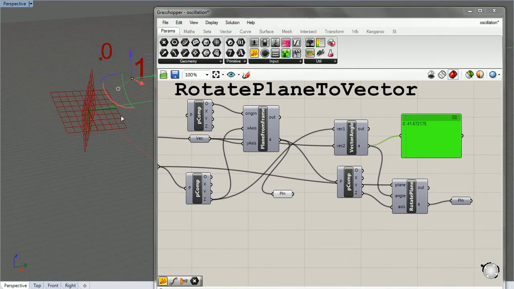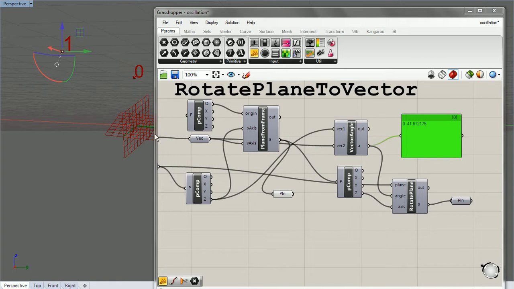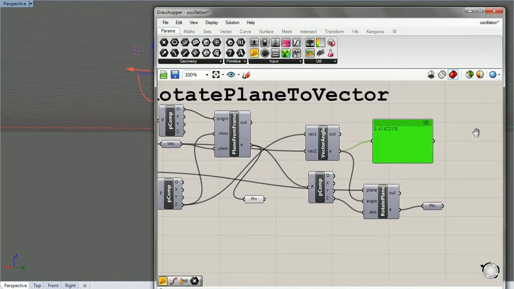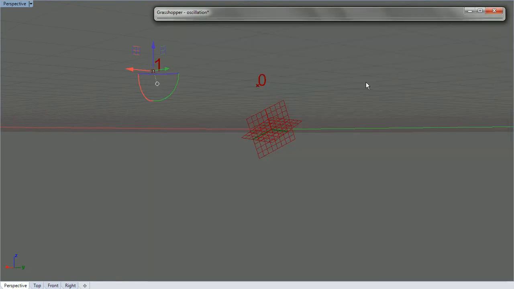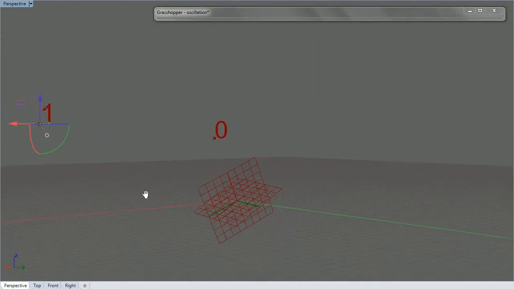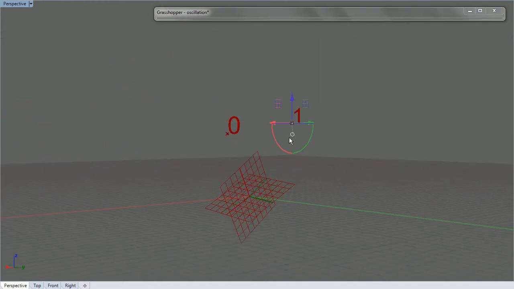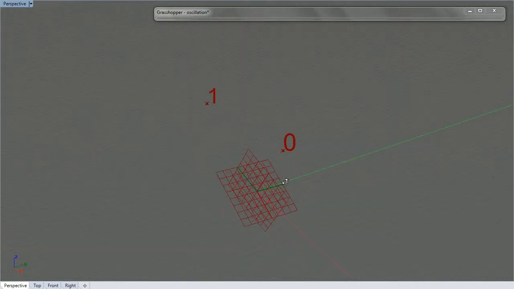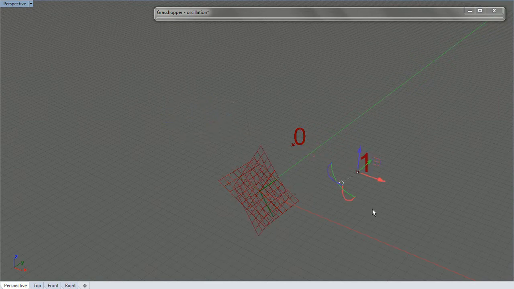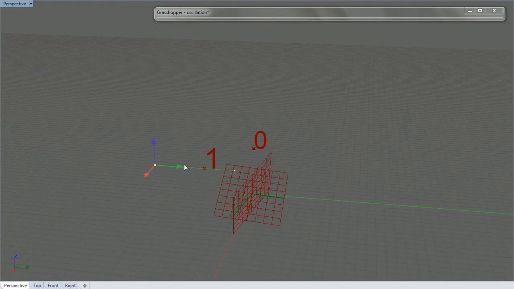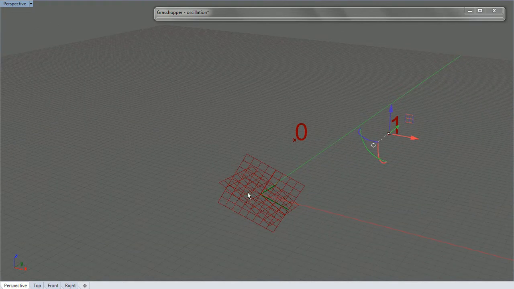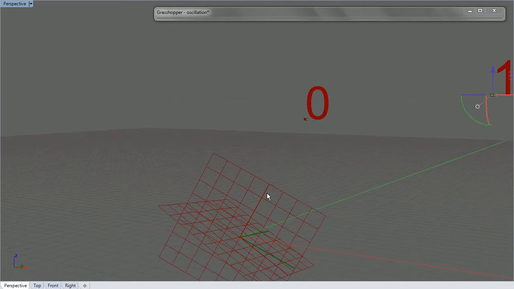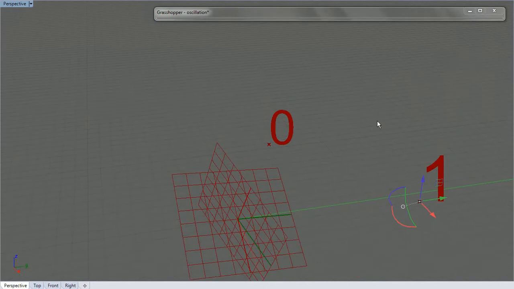So see, if I rotate it over here, you notice that the y-axis switched direction. So the y-axis is always going to be pointing towards 1. So look at the green line. It's always going to be pointed towards 1, but it gives more importance to the x-axis.